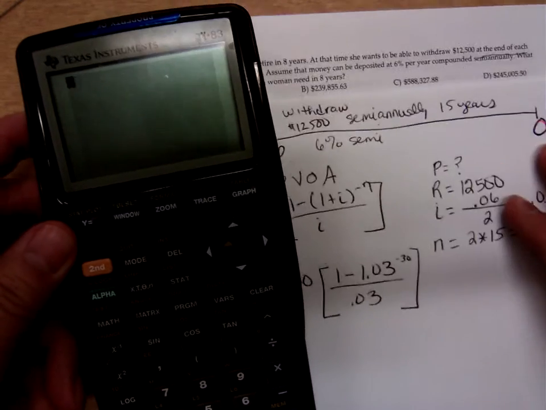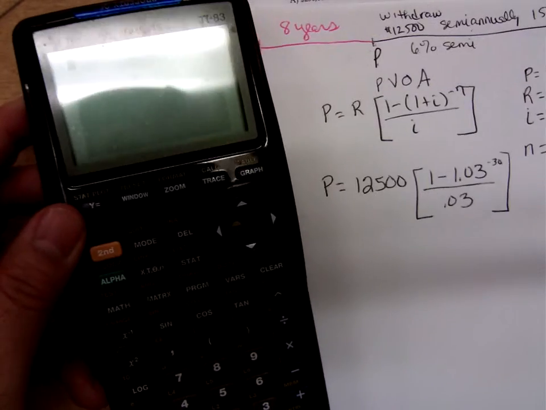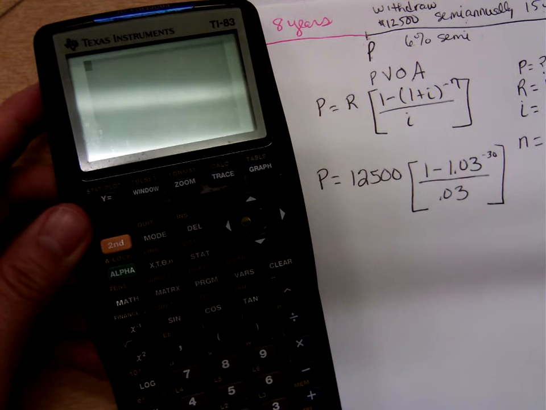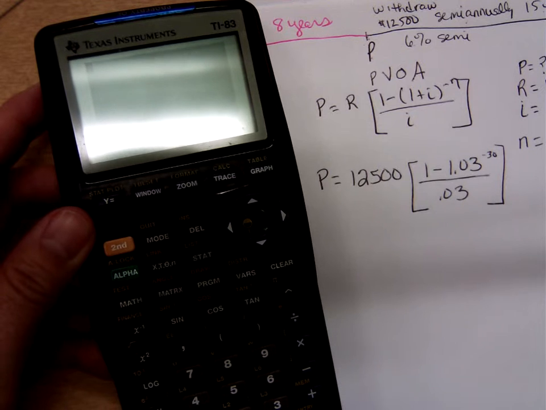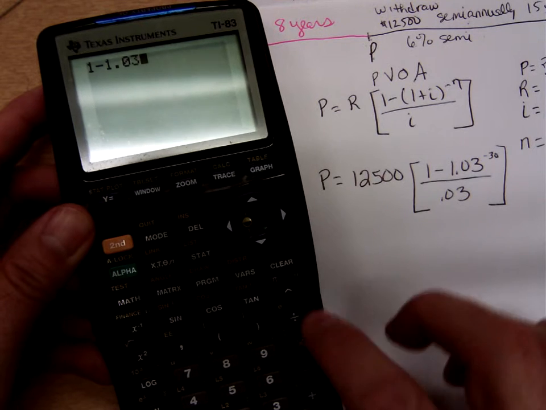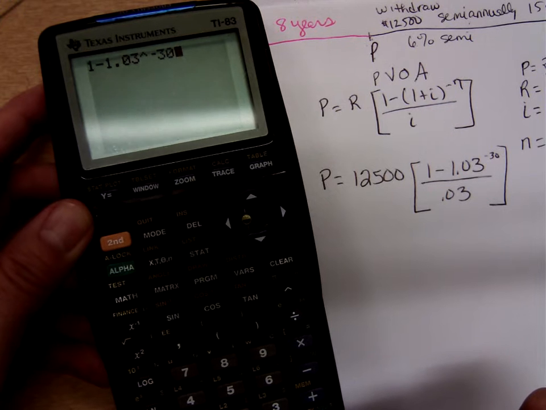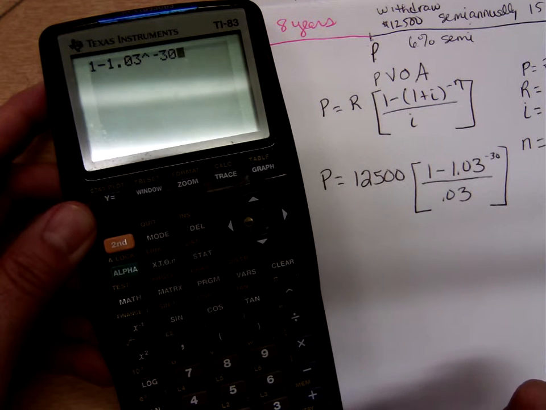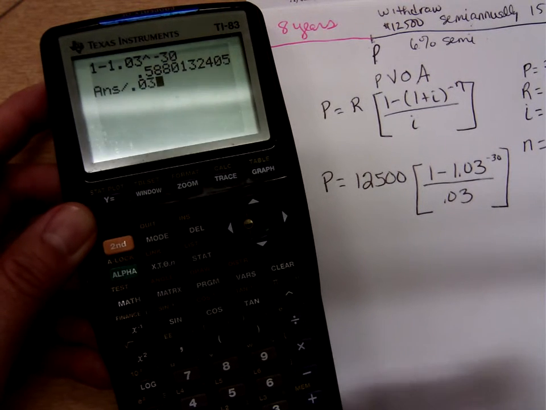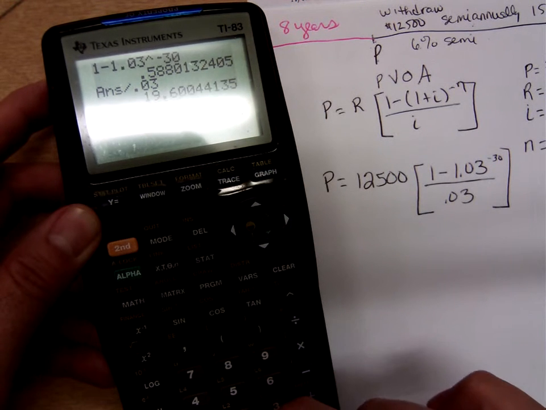I'll do this the way I always did it during class. I'll punch in the bracket number first, and then multiply by 12,500. So punching in the bracket number: 1 minus 1.03 raised to the negative 30th, divided by 0.03, times 12,500.